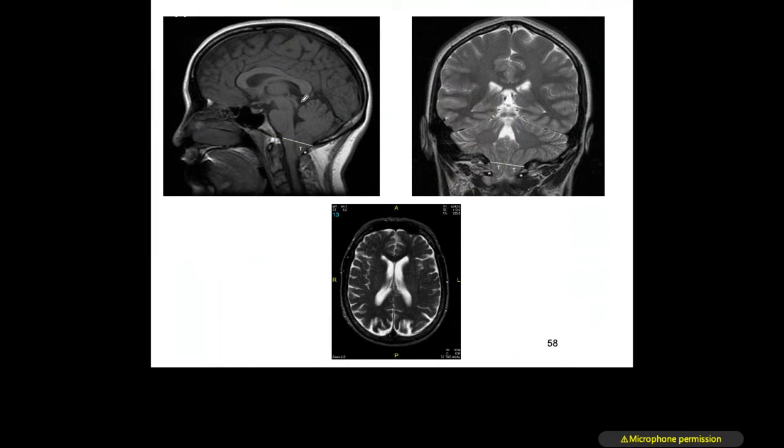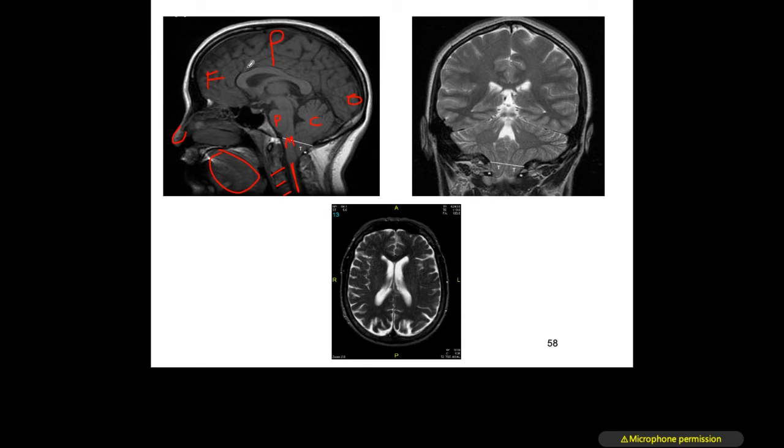Here's an MRI looking at, well, here's the brain, here is the frontal lobe of the brain, and here is the occipital lobe, and up here is the parietal lobe of the brain, and then here's the cerebellum, here's the pons, here's the medulla, here's your tongue, here's your nose, here's your spinal cord, these are your intervertebral discs here.